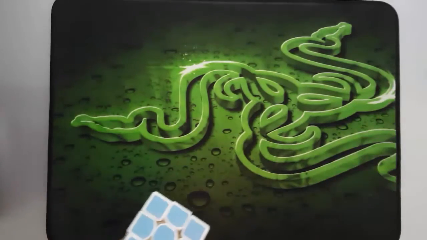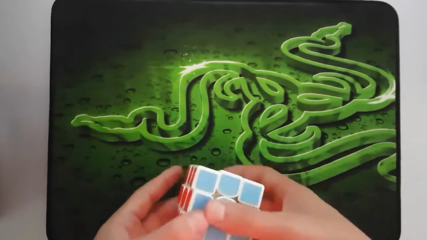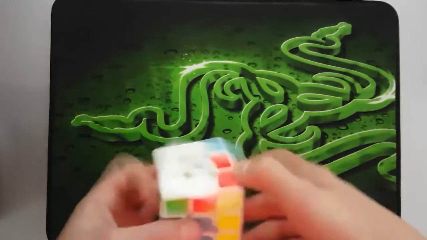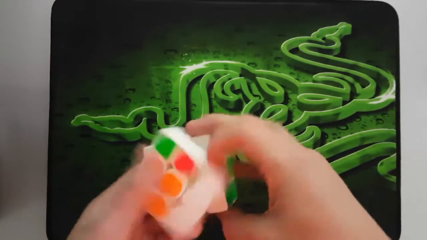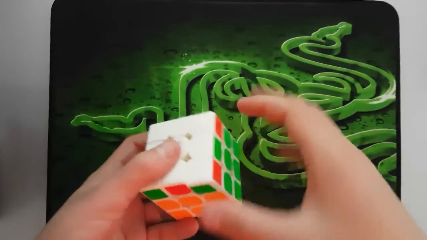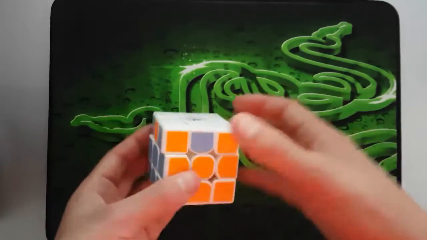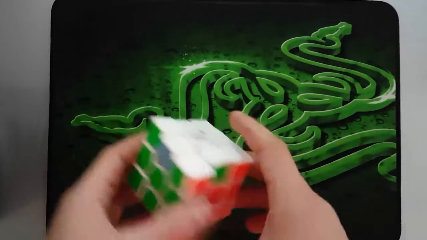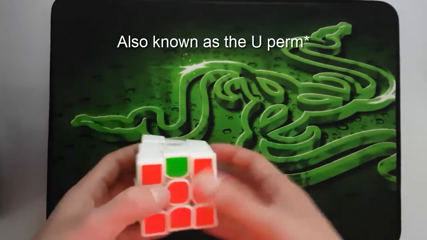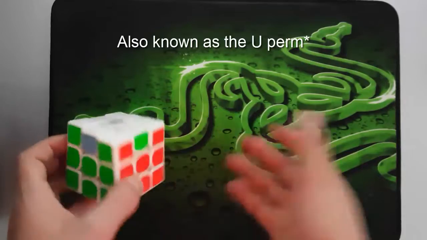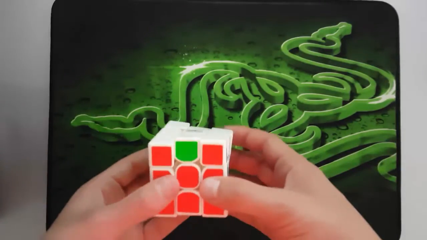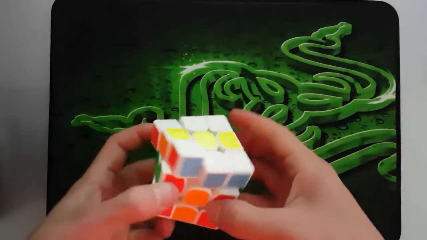Now, in the beginning of this video, I said you can use just two algorithms and you'll solve the cube from PLL. And the way you can do that is you can do the headlight algorithm, like that. And then say you get this, then you just do the eating algorithm, I call it. I think it's a U-perm, and you do it anyway. And then you can eat this way.